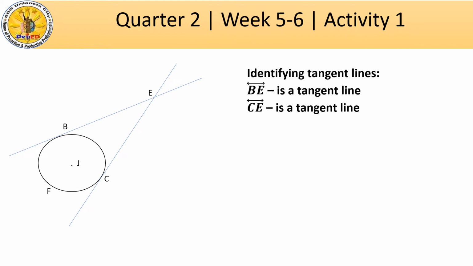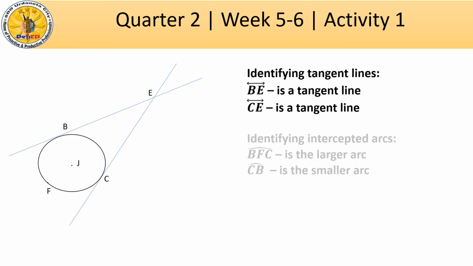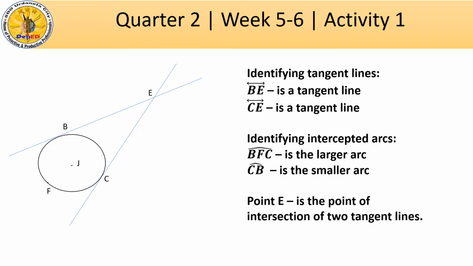So, line segment BE is a tangent line, line segment CE is a tangent line. Arc BFC is the larger arc, and CB is the smaller arc. So the point of intersection of the two tangent lines is point E.